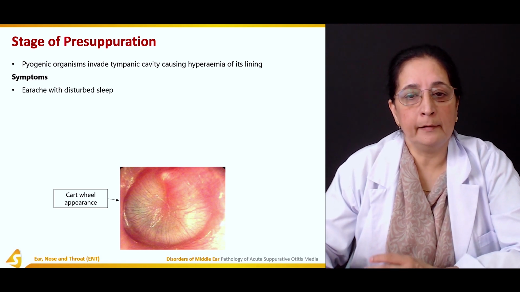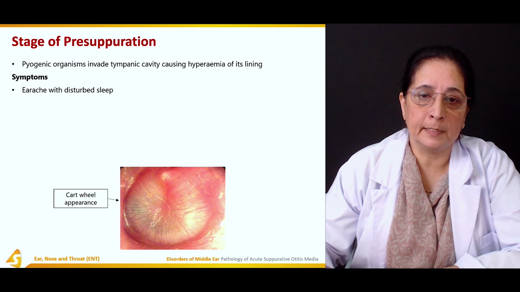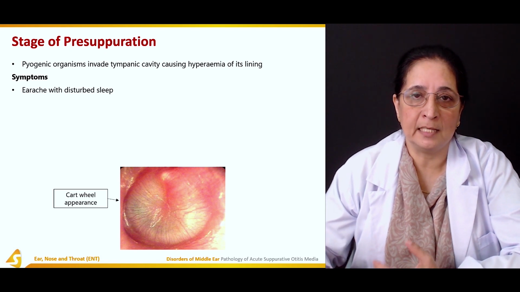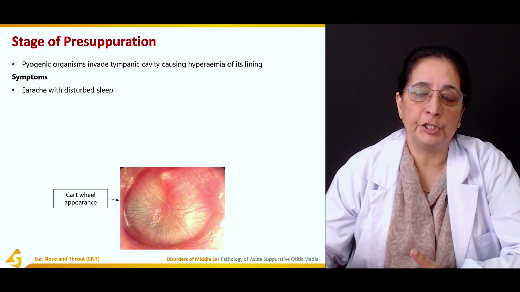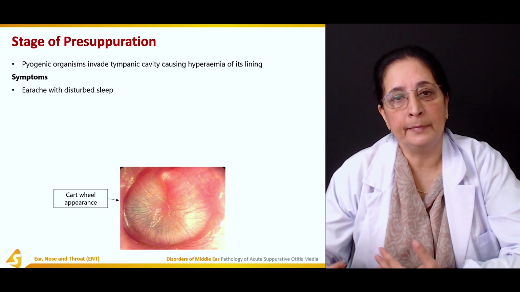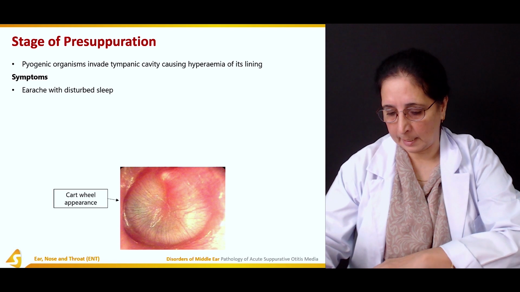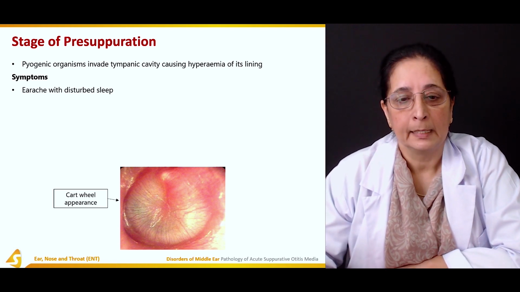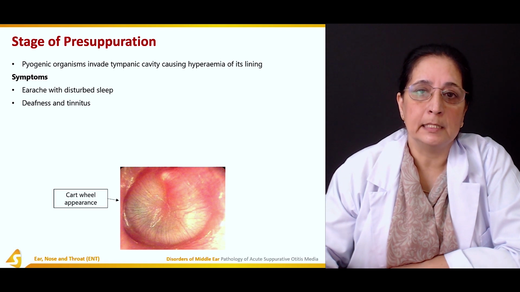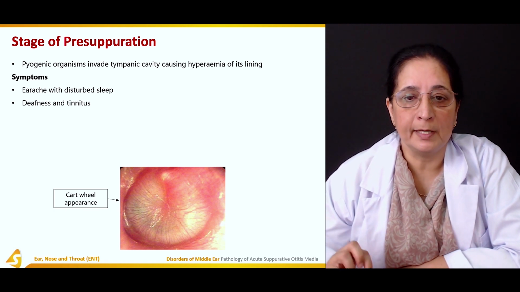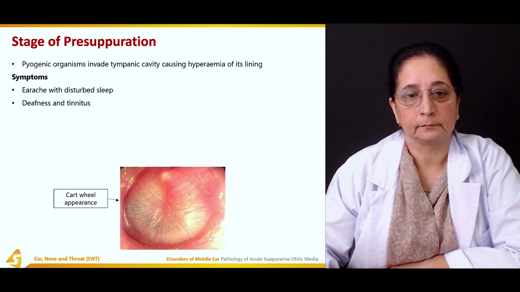Symptoms are earache with disturbed sleep. If the earache is very bad, patients usually have problems with sleep. They cannot sleep restfully. And then after that there is deafness and tinnitus. Tinnitus is ringing in the ear.